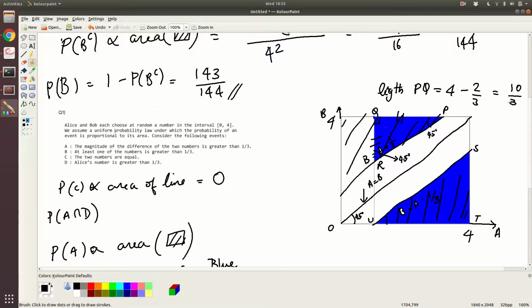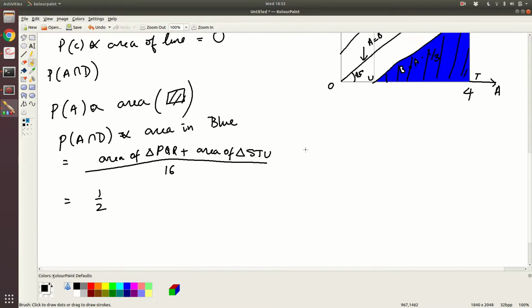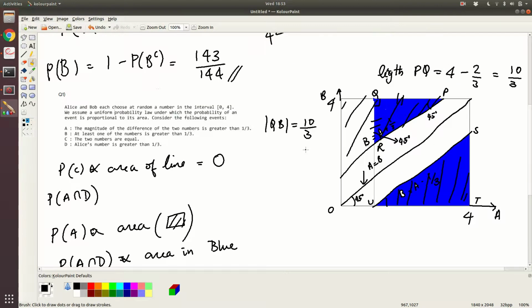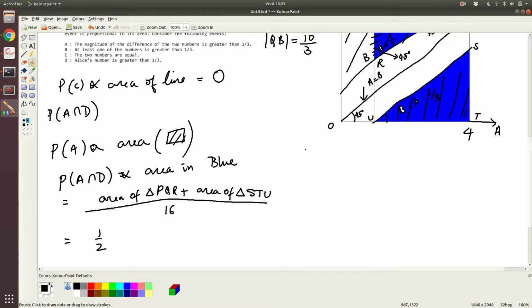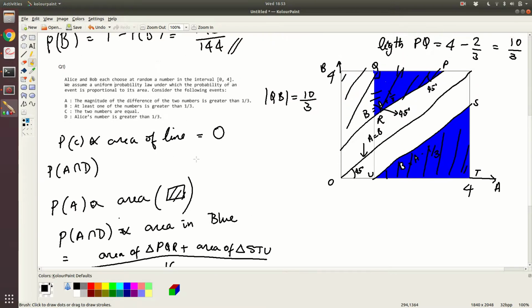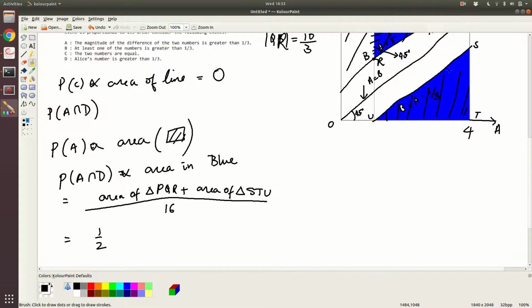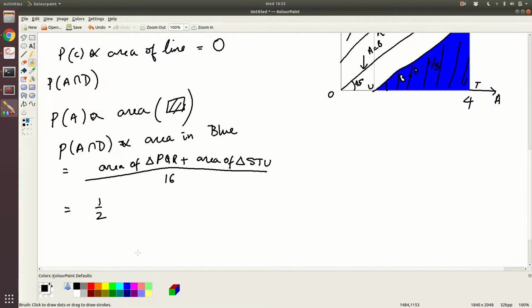So we also know the length of QR is also 10 by 3. Now we know the area of PQR. Sorry, I should say QR, because I said QB. The vertices are R, Q and P. Anyway, QR is 10 by 3 and both the sides are 10 by 3.